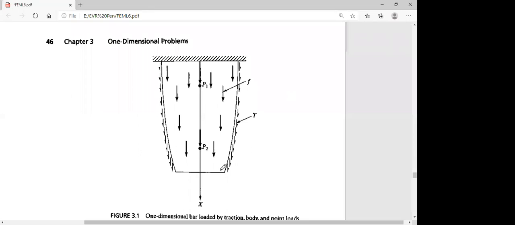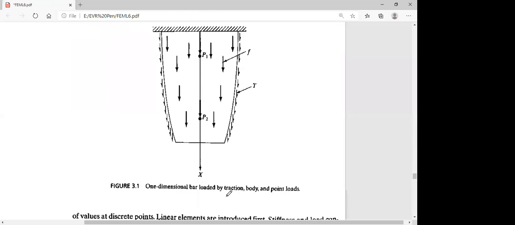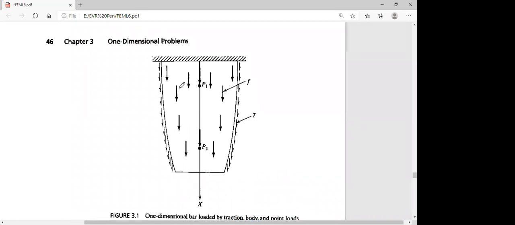This is a one-dimensional bar. It is loaded by traction, body, and point loads. These arrows represent body force. On the surface of this body, this loading is a traction loading.